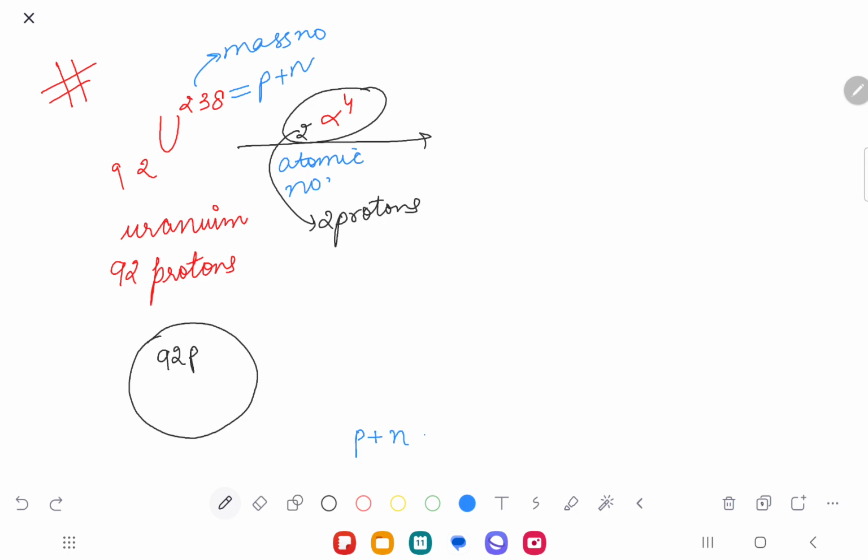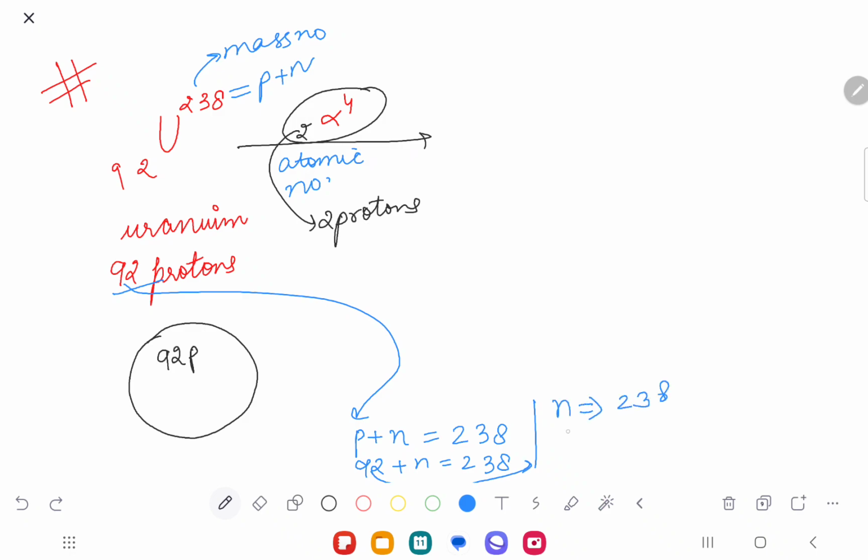So when protons plus neutrons are 238 and protons are 92, the number of neutrons shall be 238 minus 92. That would be 146. So it would have 146 neutrons.